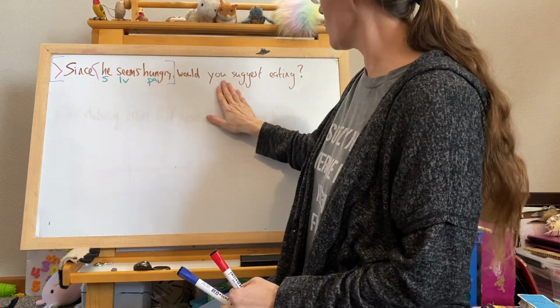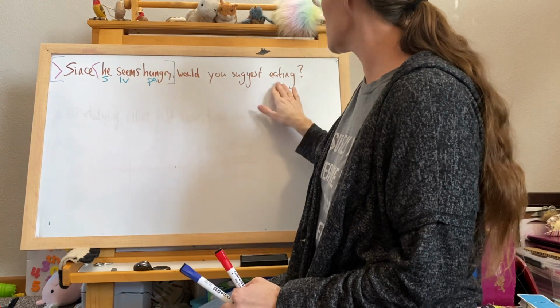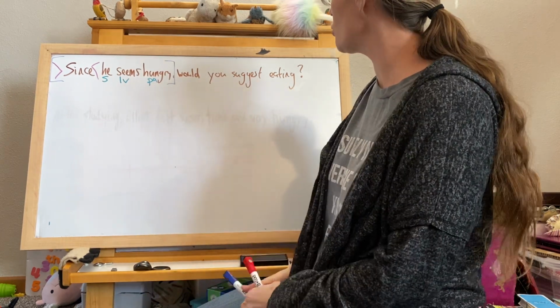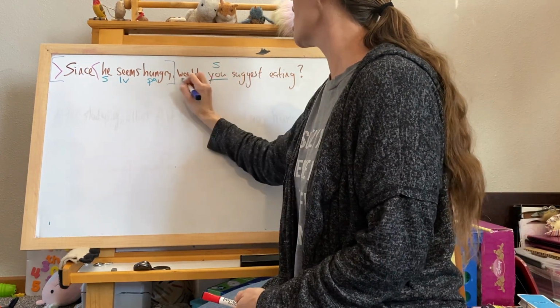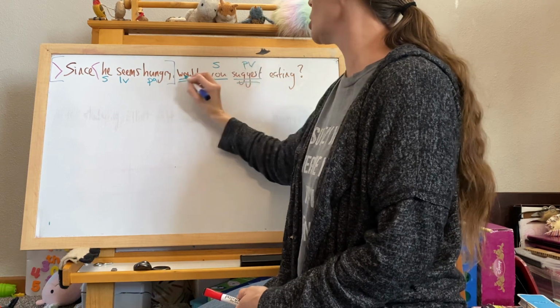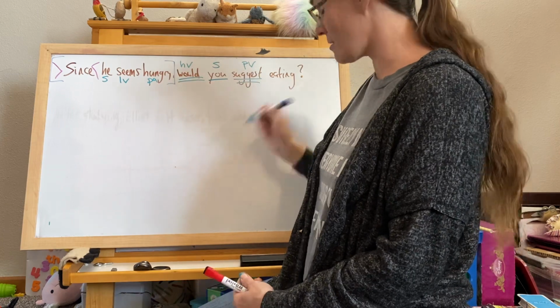So would you suggest eating? What is our subject here? If I were to change this to a declarative sentence, I would say you would suggest eating. You is our subject. Would suggest is our predicate verb. Would is a helping verb. You would suggest what?